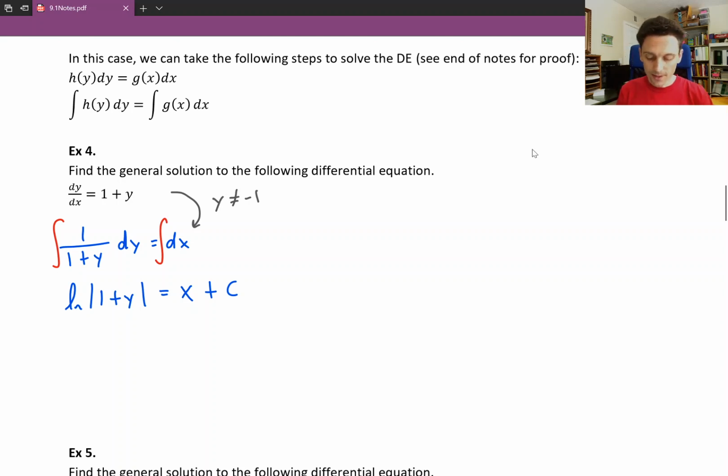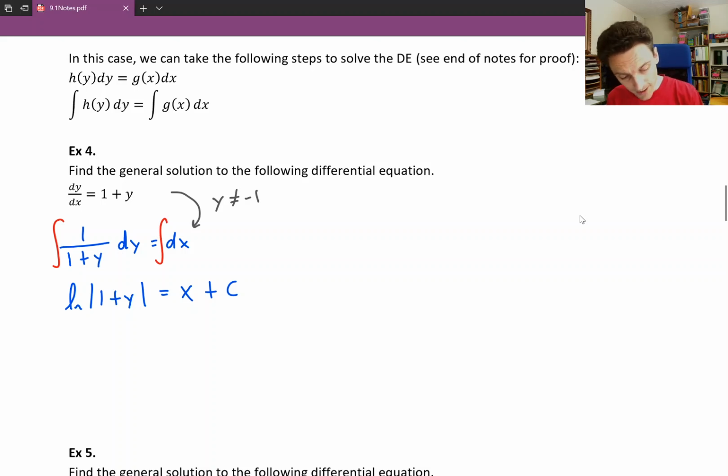And now our goal is going to be to not just find the general solution, but solve it for y explicitly. That'll be the default, unless it's super hard to solve for y, like if you had a y on the outside of the ln. Usually I'll mention it in the directions, like make sure to solve for y explicitly, and that's usually the default of what you'll want to do.